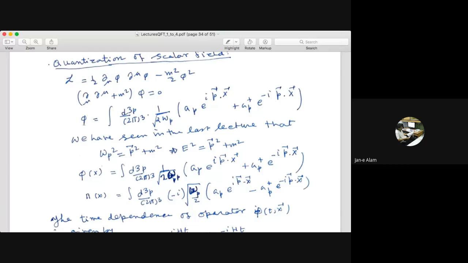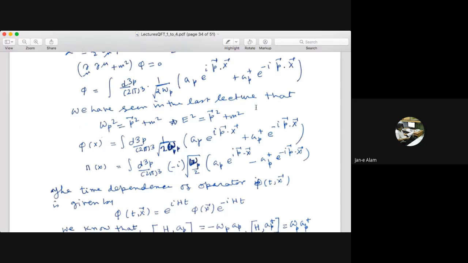But then I have an infinite number of oscillators, because p can vary from 0 to infinity, so I had the integration over p. So this was the expansion of the field operator phi in terms of the annihilation and creation operators, right? That is what we saw yesterday.